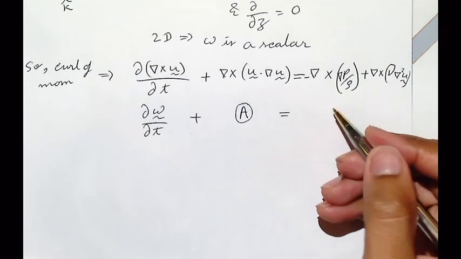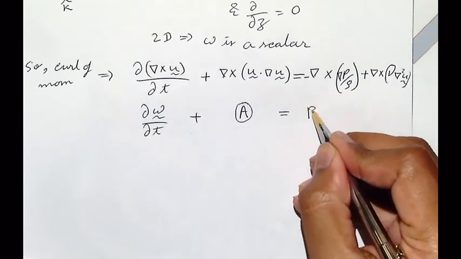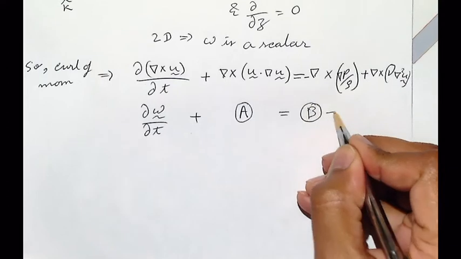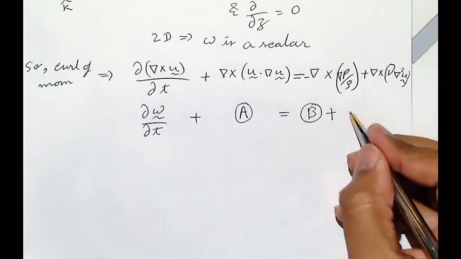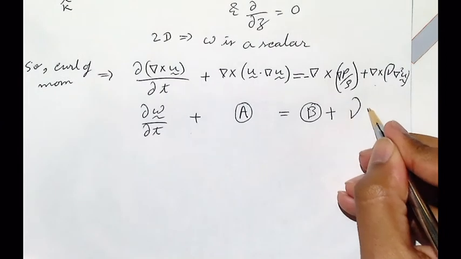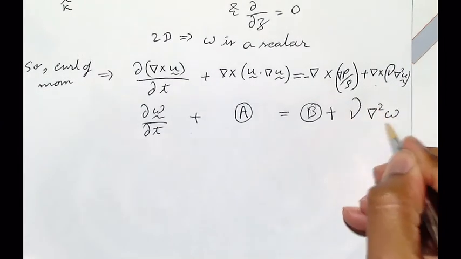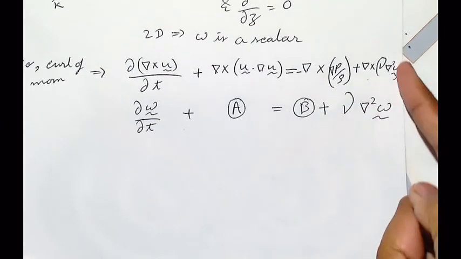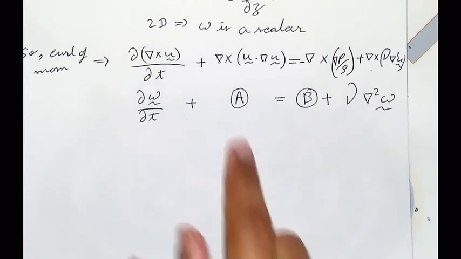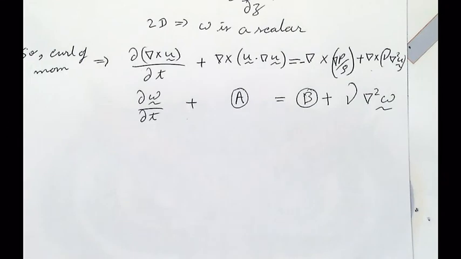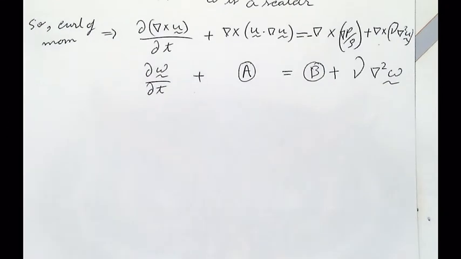Rho might not be constant. So let's do it for the very general case first, and then we will simplify. The third term actually becomes viscous diffusion of vorticity. And it's the same form as velocity diffusion. Okay. So A and B we will expand out and look at what they become.